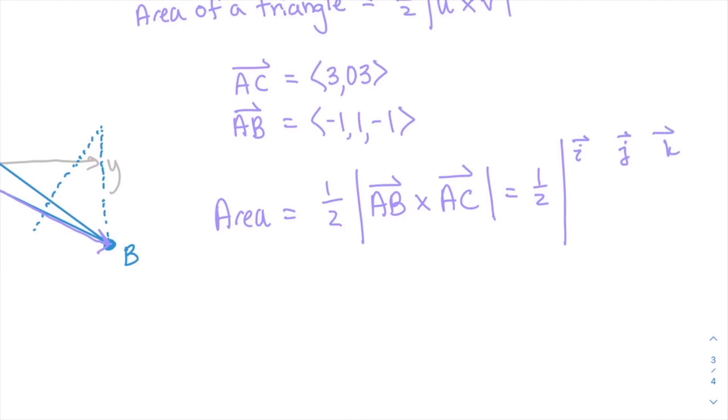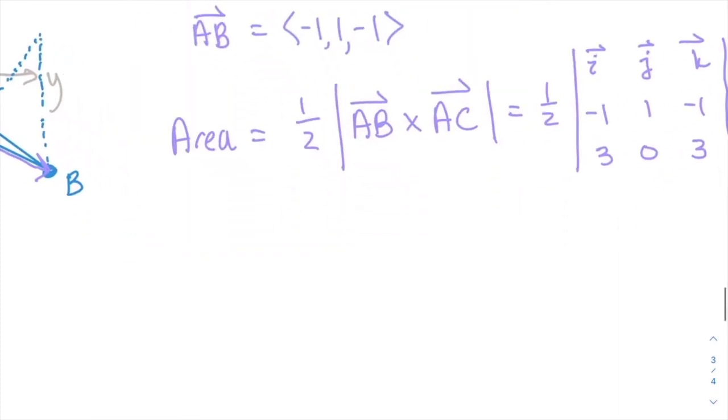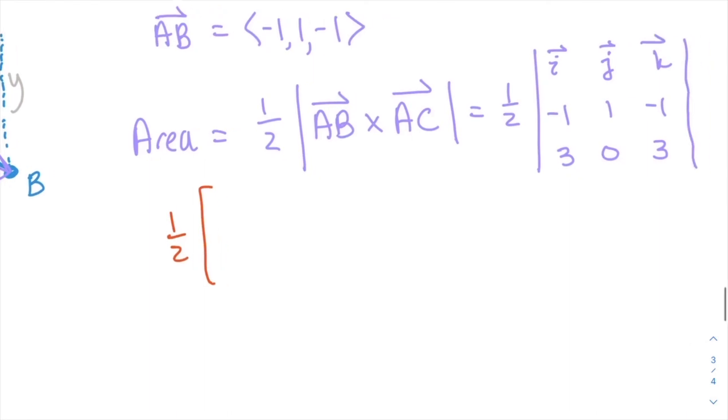Then our components are for AB, -1, 1, -1, and then 3, 0, 3. So let's do this calculation down here. That's going to be 1/2 times, and remember our rules for calculating the determinant of a 3 by 3 matrix. That's the cofactor expansion rule, where you do i times the product of this minus the product of that. And we'll just repeat that pattern.